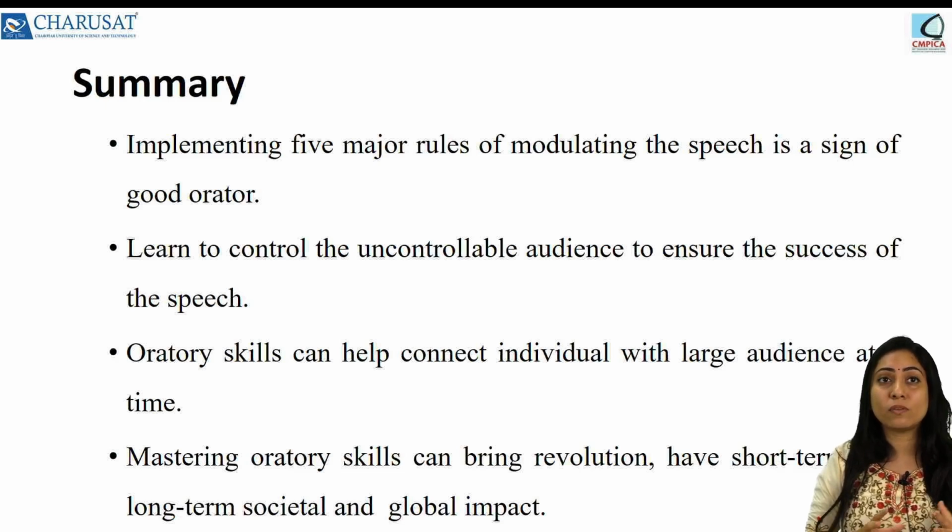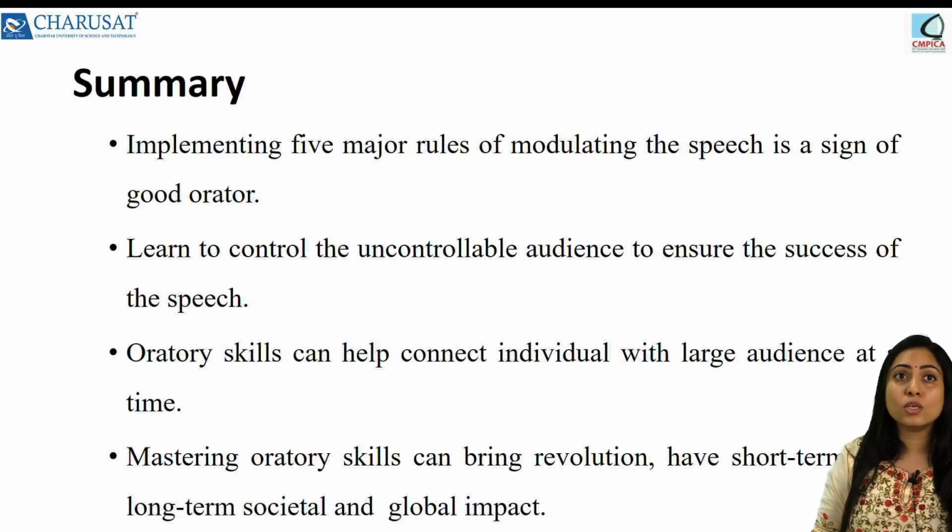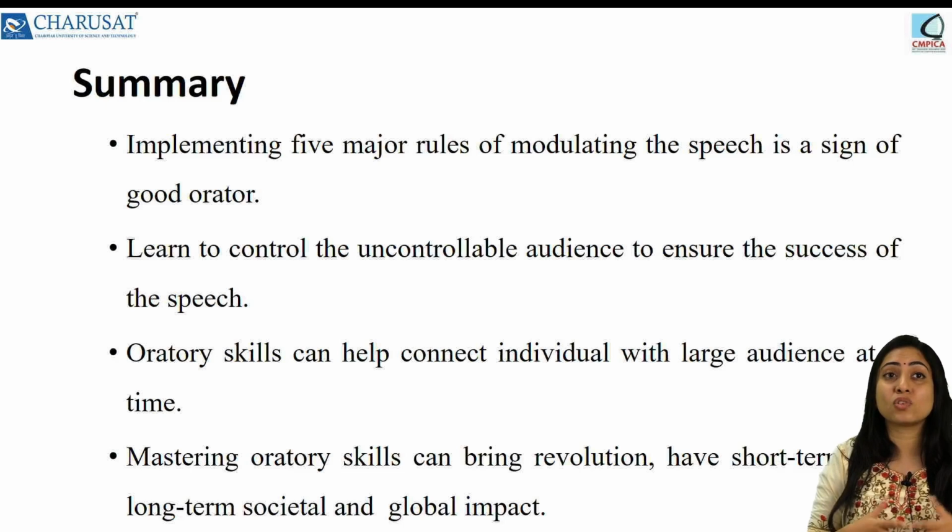With this huge responsibility, if you are growing to become a good orator, it is our ethical responsibility and duty to pass the message correctly. Yes, it can bring revolution, but where it is required, not by unnecessarily infuriating or offending somebody, or targeting a group of the audience, which can lead to more chaos than solutions.